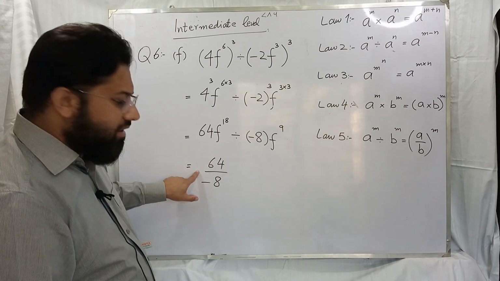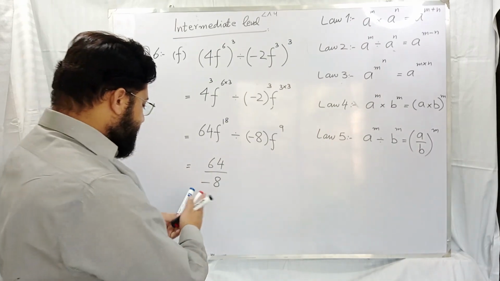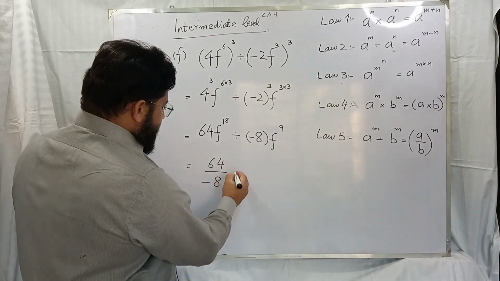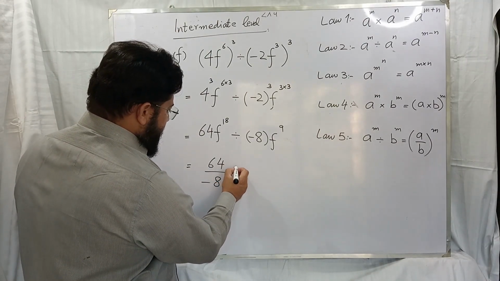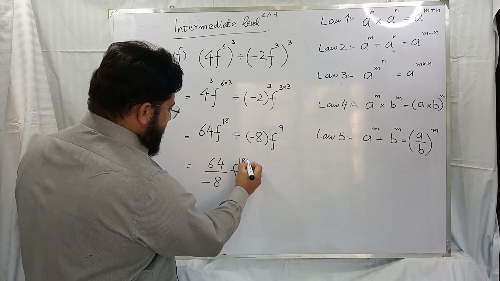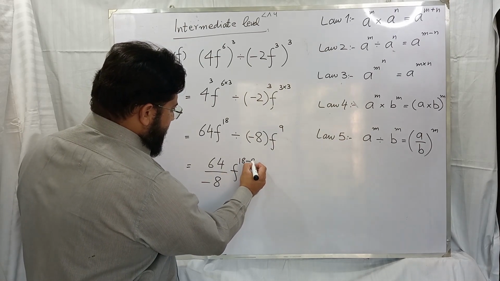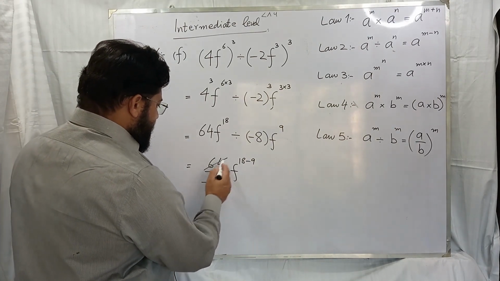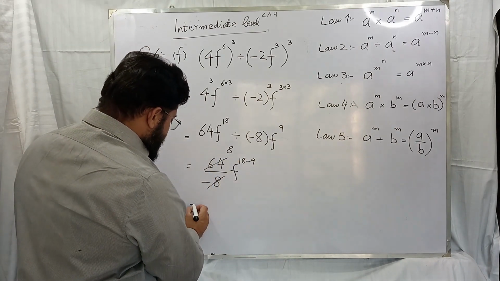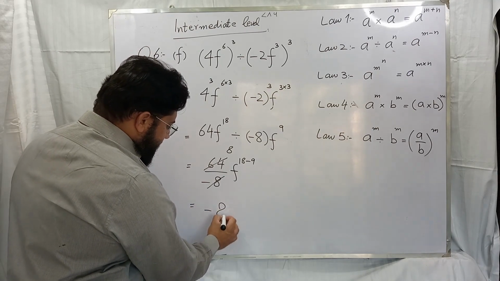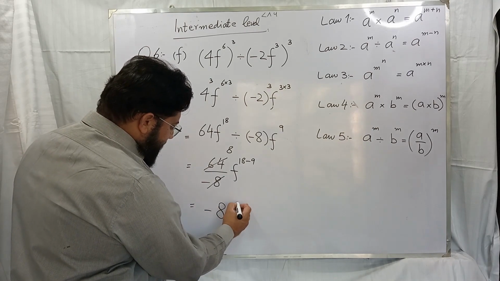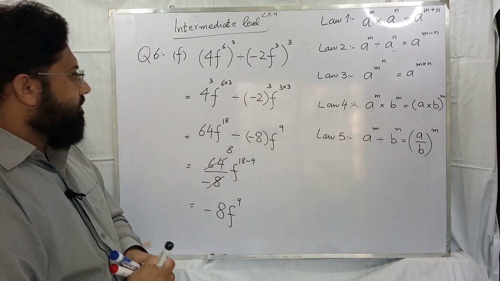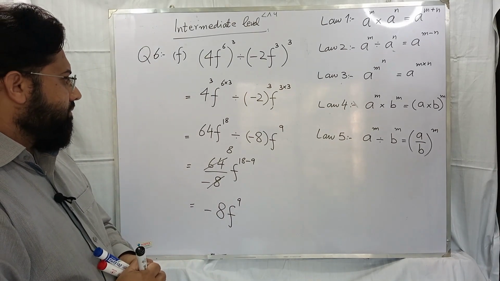So minus plus ultimately will get a negative. 64 over 8, then f to the power 18 minus 9. So 8 ones are 8, 8 eights are 64. So we get minus 8 f to the power 9. Right?